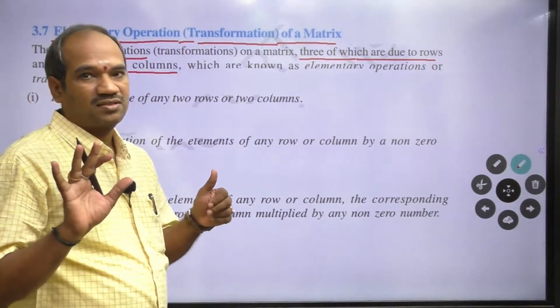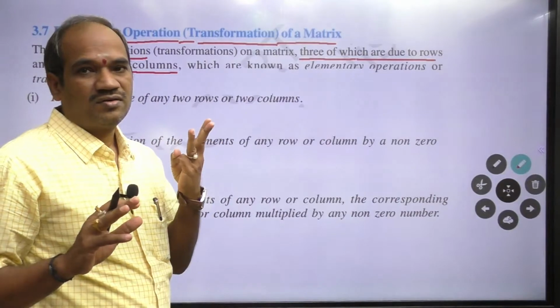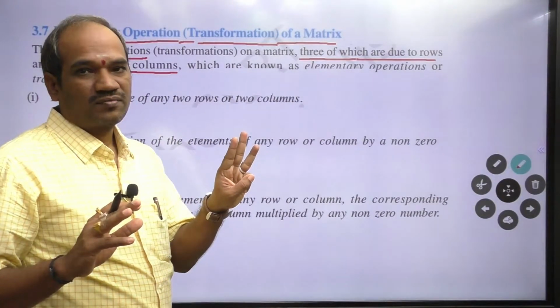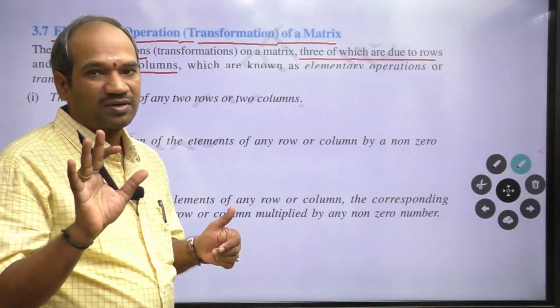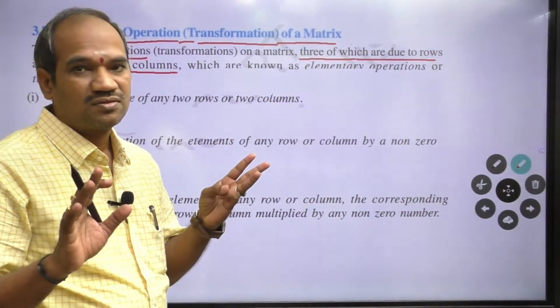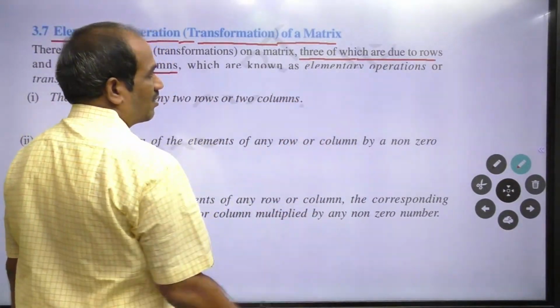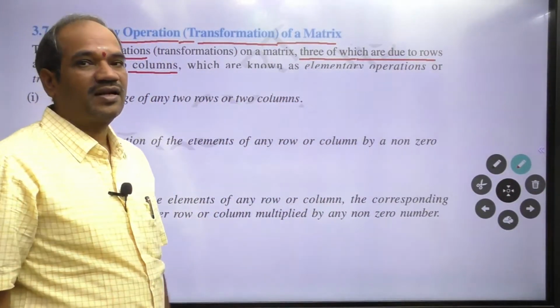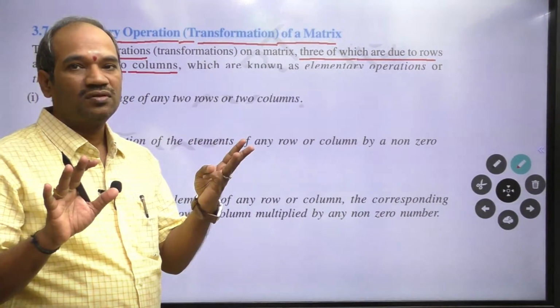Total six operations. These are known as elementary operations: three are due to rows, three are due to columns.